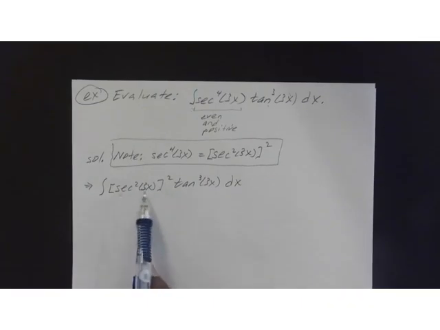So we take one of those secant squared and factor it out.